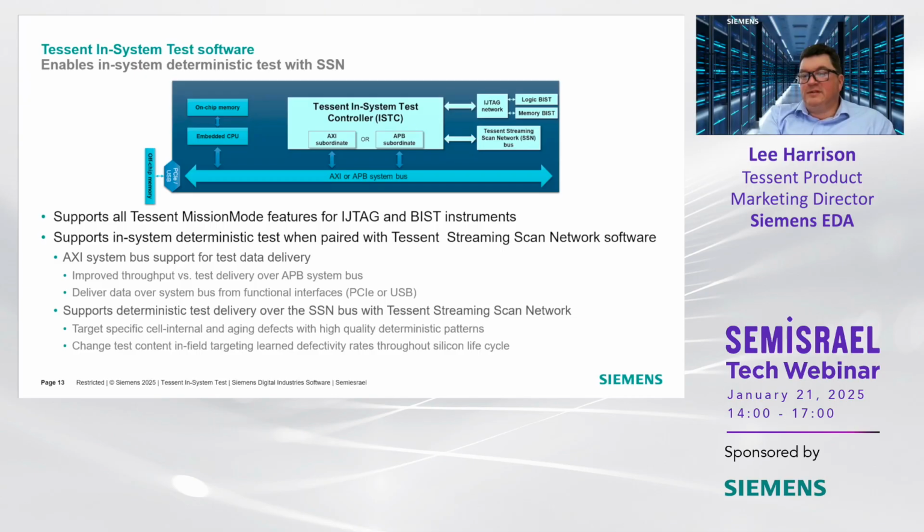To achieve the speed requirements of SSN, delivering high-speed ATPG test patterns obviously requires more bus speed than typical IJTAG. We support AXI. So in addition to the APB interface that was there with MissionMode, we have added an AXI subordinate interface. So you can now deliver your test patterns at the same speed as you would deliver your SSN at manufacturing.